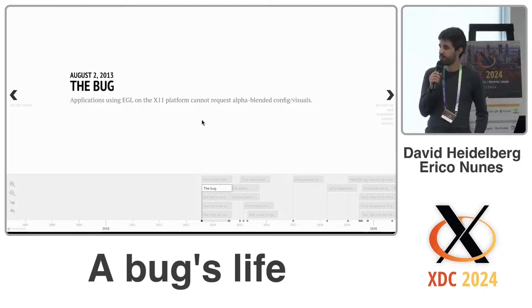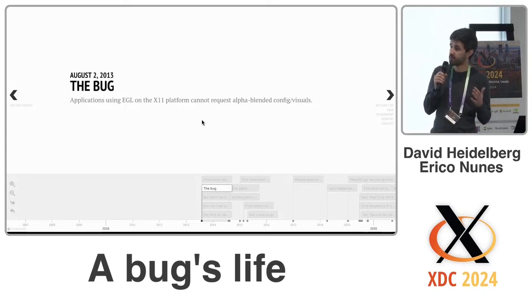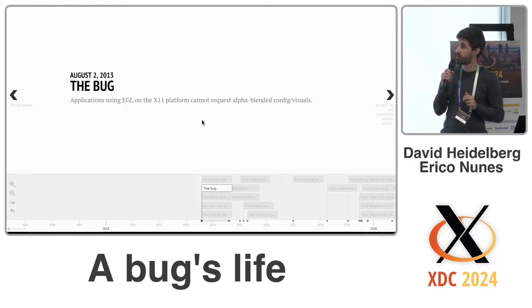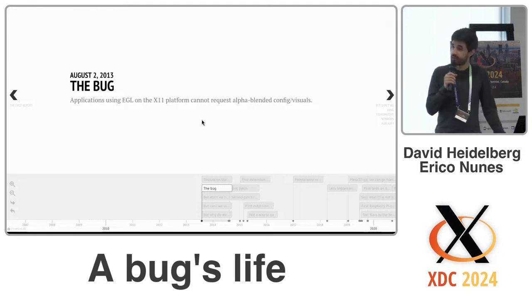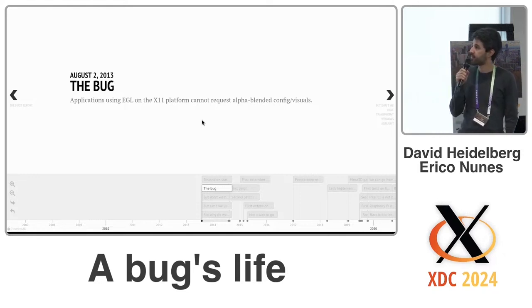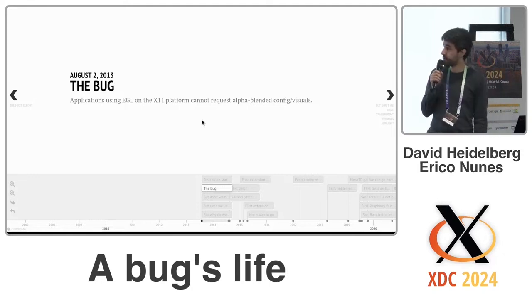So up until recently, it was impossible to have an application which uses EGL and requests, for example, rounded corners, which you render with a transparent part of the corner. That way you can have shadows or rounded corners. For some reason, people really want that. Apparently the sharp corners are not good enough.